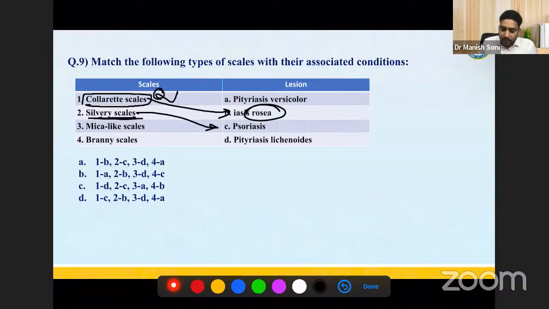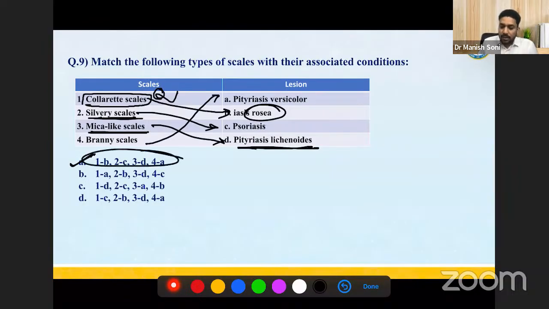So first B and 2C. Then mica-like scales are seen in pityriasis lichenoides chronica, and bran-like scales are seen in pityriasis versicolor. Okay, so these are very important scales. Already questions have been asked. So remember, collarette scales are seen in pityriasis rosea.